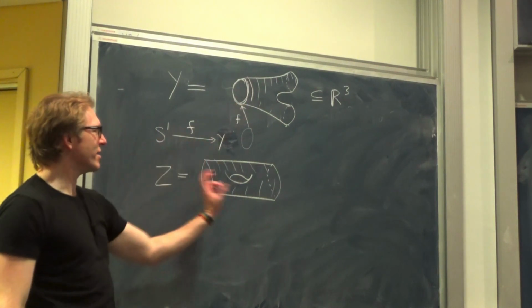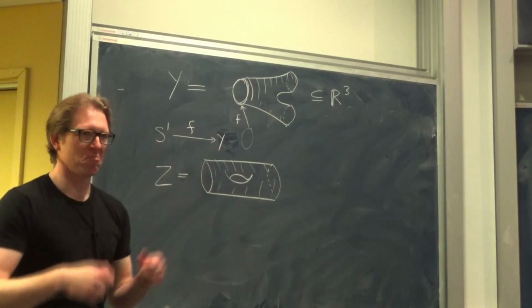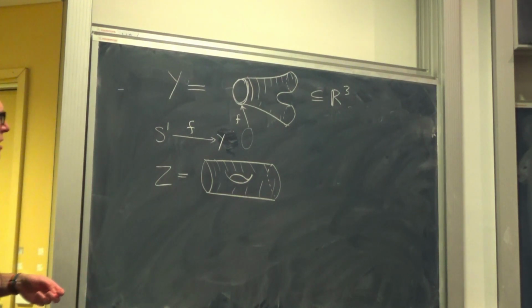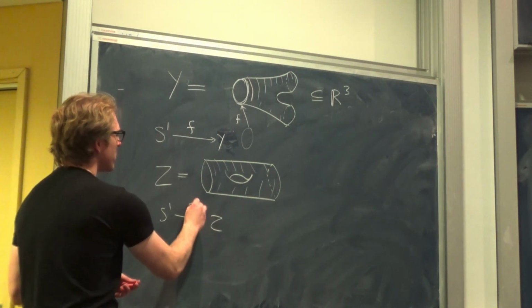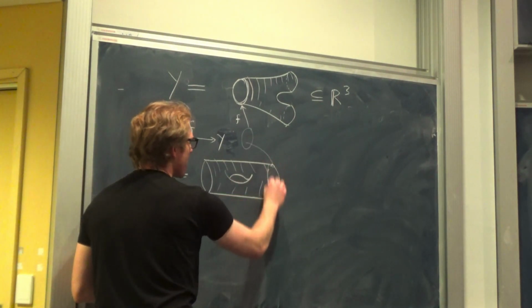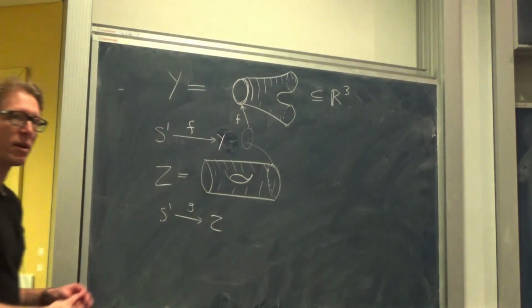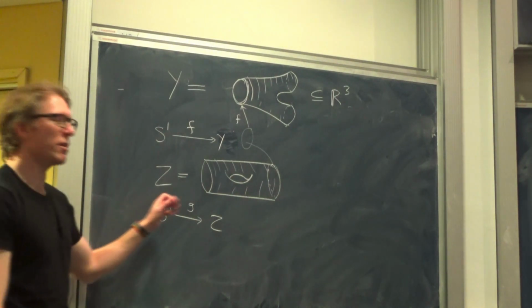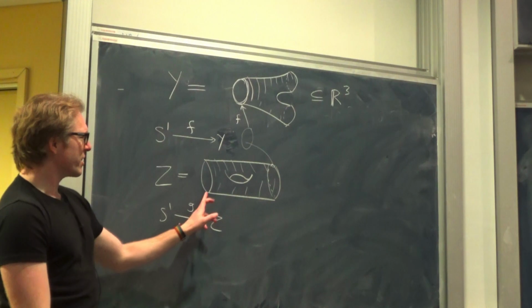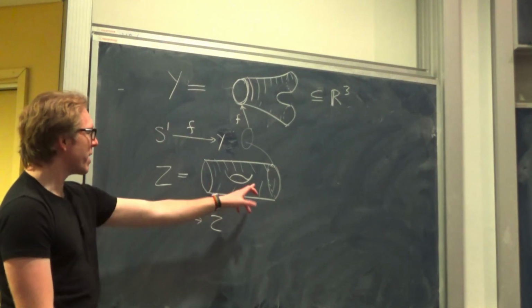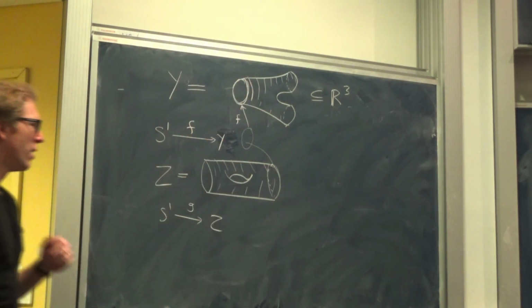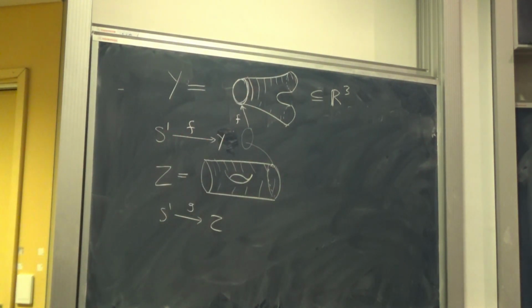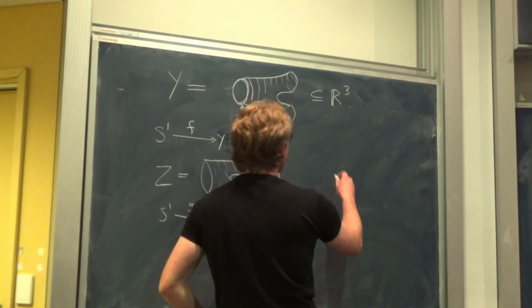If you like, this is y stuck together with itself going around the other way. It's not very important what it is. Then there's another map from S1 to Z, which sits the circle in as that boundary. We haven't defined boundaries yet, we'll do it in a little bit, but it's clear intuitively. The boundary of this manifold Z is the union of two circles. Here it's a union of three circles. So you can imagine the map G, which sits that circle inside that endpoint. And then I can write down the following pushout diagram.